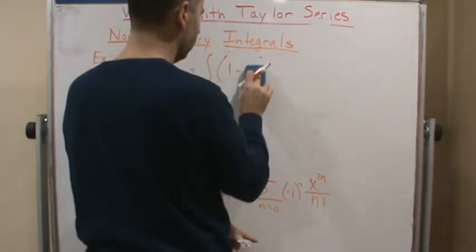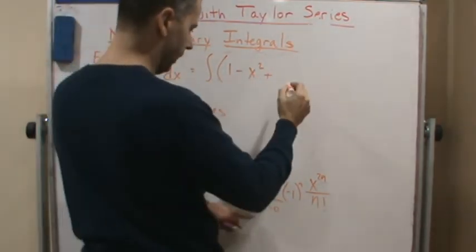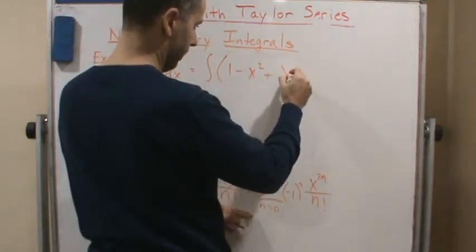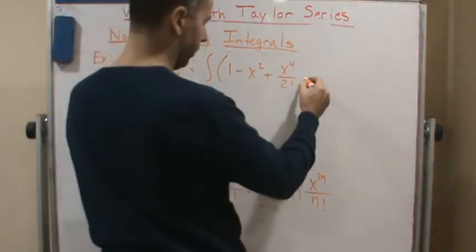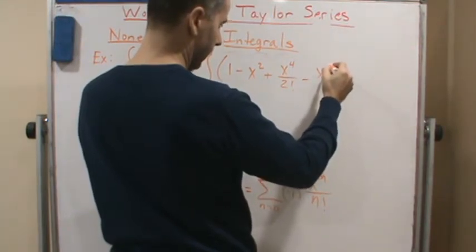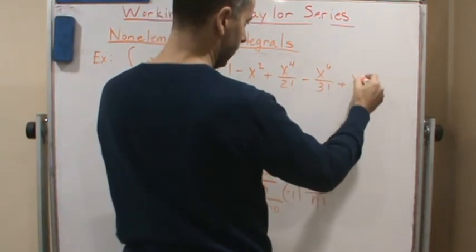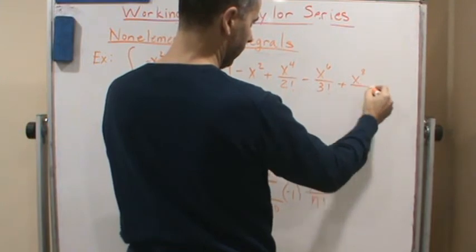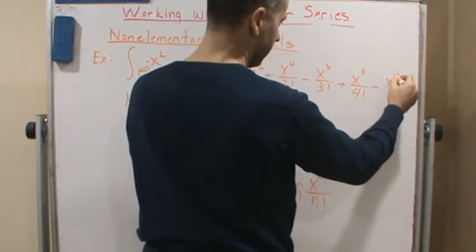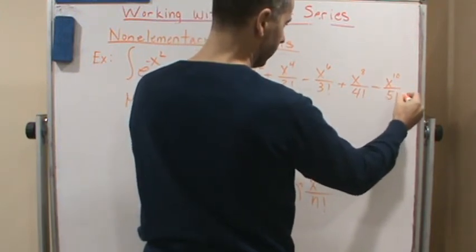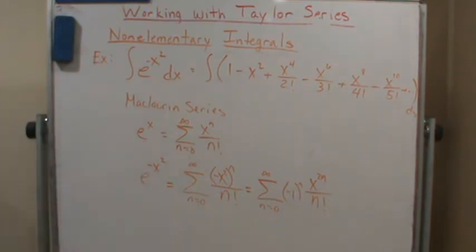So it's just going to be x squared minus x squared plus x to the 4th over 2 factorial minus x to the 6th over 3 factorial plus x to the 8th over 4 factorial minus x to the 10th over 5 factorial, and so on, dx. So all we're doing is integrating this term by term, right?